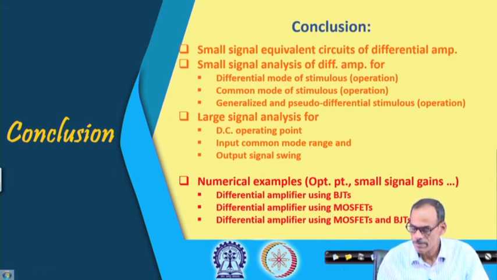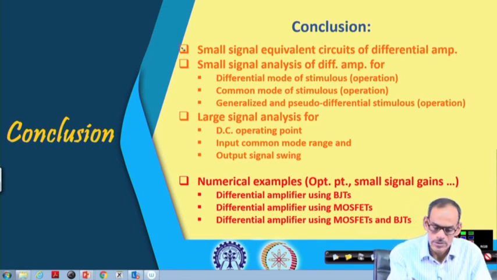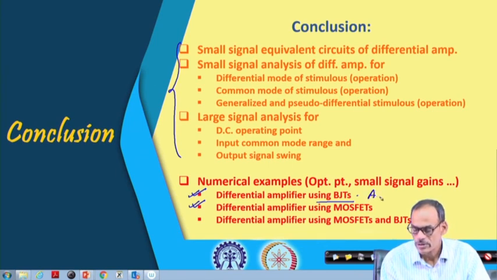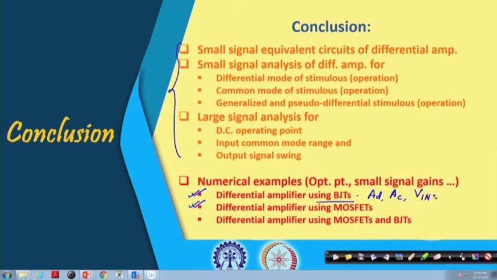So, as I said, the small signal equivalent circuit and analysis have been done in our previous lectures, and in today's lecture primarily we have focused on numerical examples, mainly with extensive calculation on the differential amplifier using BJT for calculation of the operating point, then differential mode gain, common mode gain, then range of the VinC, output swing, and also we have seen what the different outputs are.